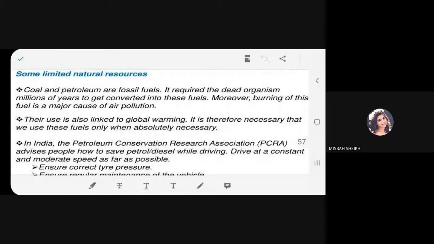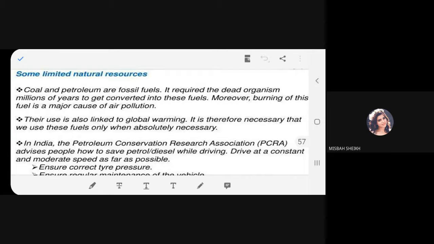Coal and petroleum are fossil fuels. It required the dead organisms millions of years to get converted into these fuels. Moreover, burning of these fuels is a major cause of air pollution. Their use is also linked to global warming. It is therefore necessary that we use these fuels only when absolutely necessary.